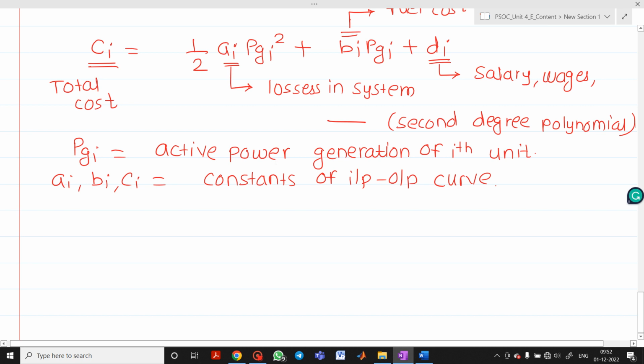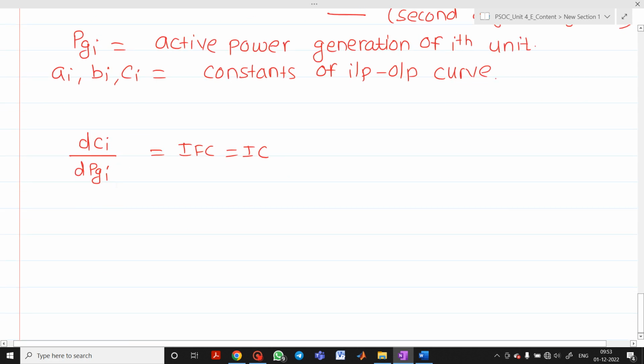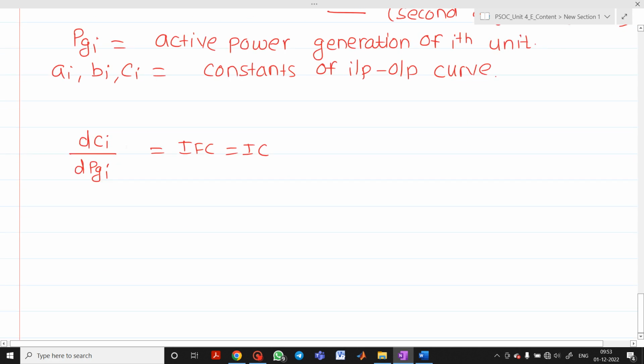Now what can I write here? For varying PGI, we will get different cost values, because as we have already studied, whatever change there is in the power generation, there will be a change in the cost of fuel, dCi. So the incremental cost, which is called the incremental fuel cost, will be equal to dCi upon dPGI.